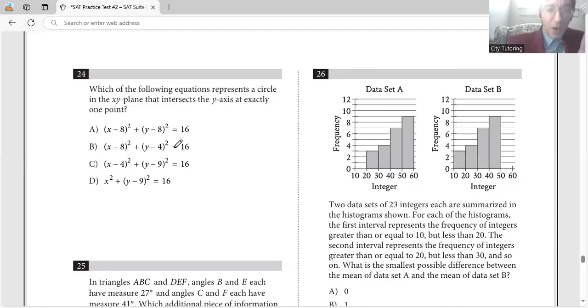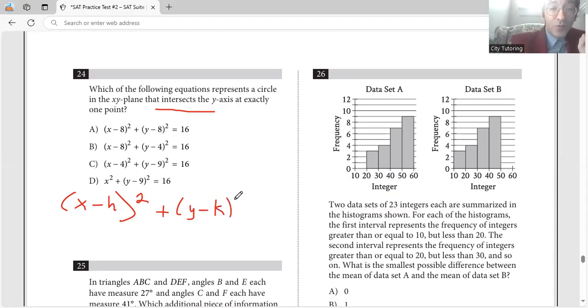All right, let's do the circle one. Which of the following equations represents a circle in the xy plane that intersects the y-axis at exactly 1 point? Well, the equation of a circle, you should know, is x minus h squared plus y minus k squared equals the radius squared.